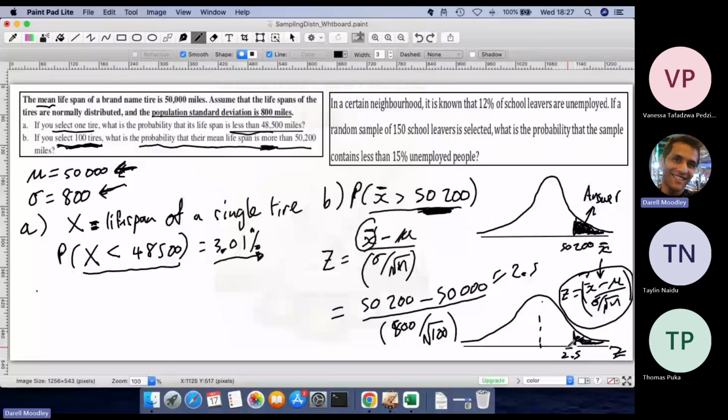That's your Z value. So we want to know the area on the right of 2.5, which we would use the table in the back of our book to solve. And if you do that, you'll find that this area here, the answer, is 0.62%.